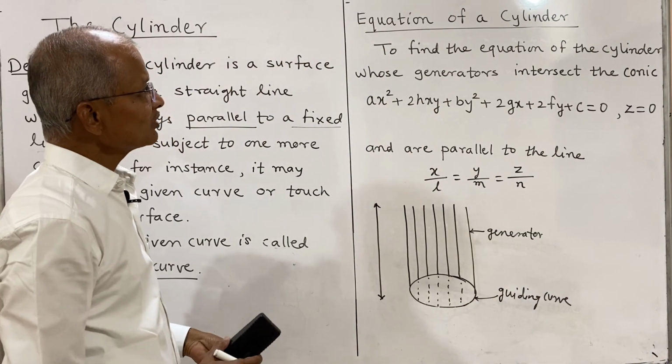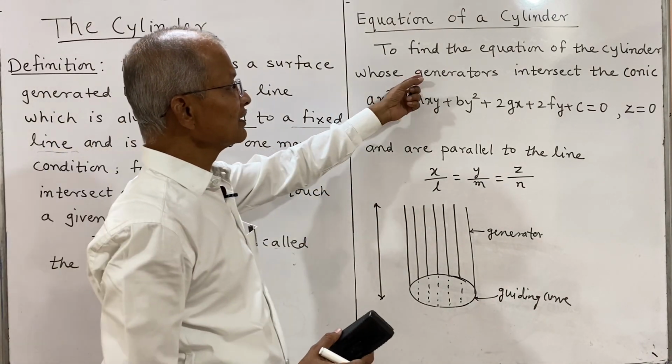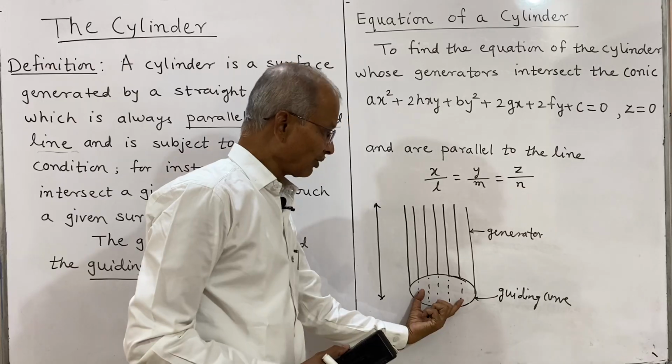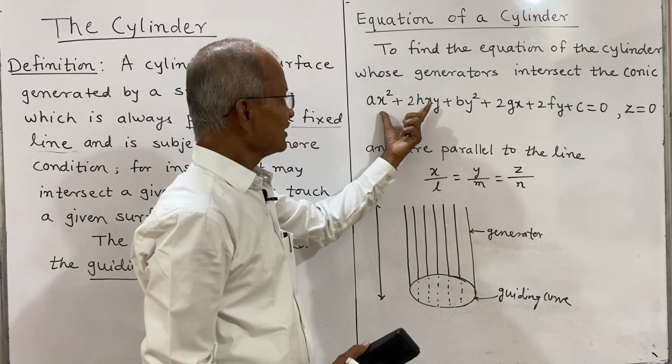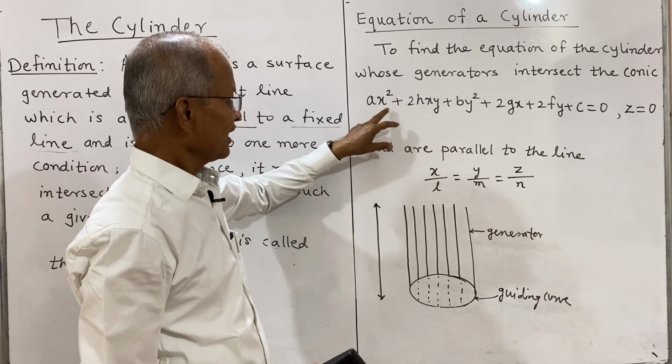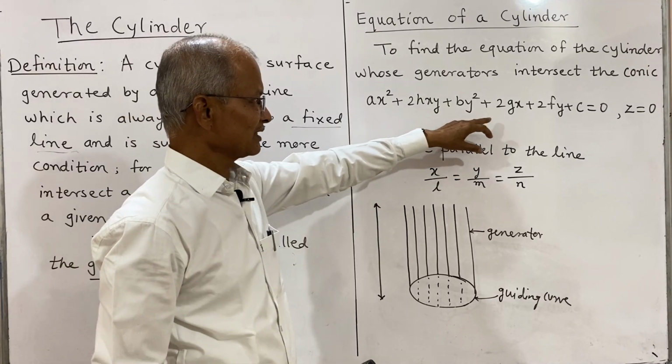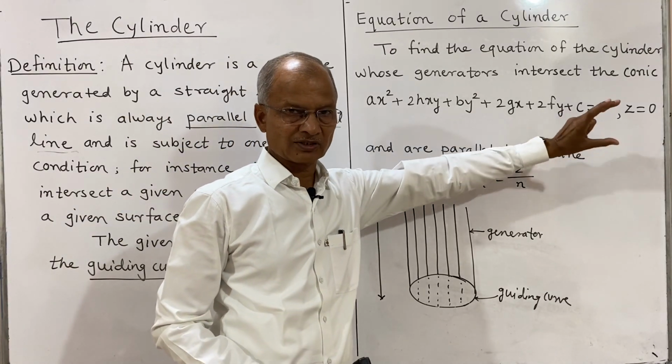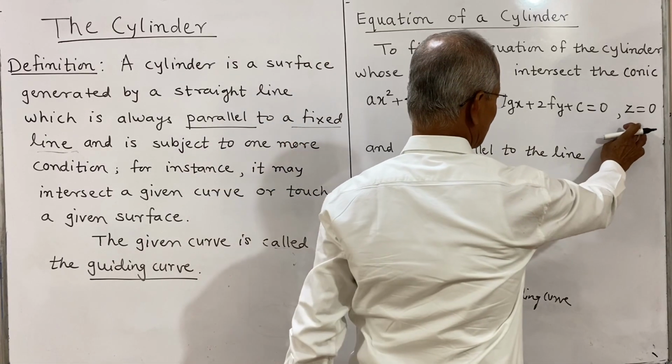To find the equation of the cylinder whose generators intersect the conic, here this is the conic, it is a second degree general equation in x and y: ax² + 2hxy + by² + 2gx + 2fy + c = 0, and z = 0.